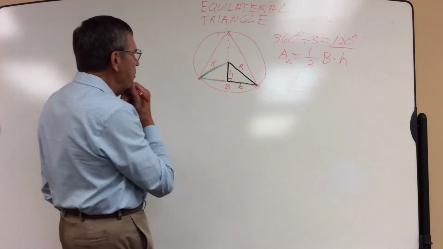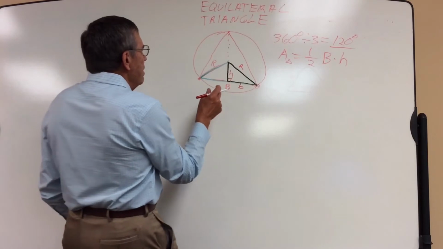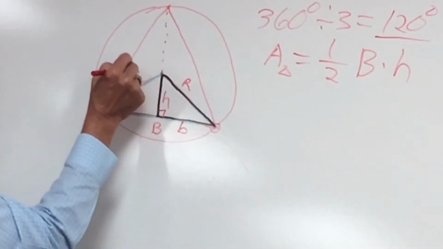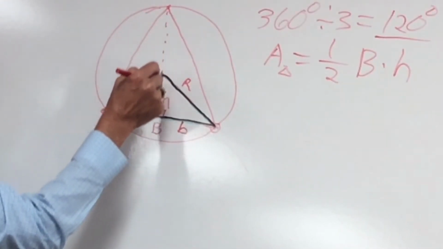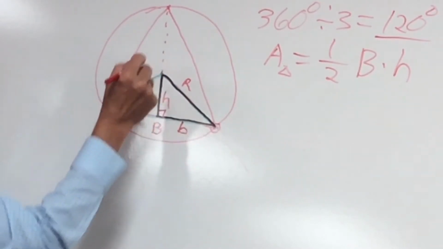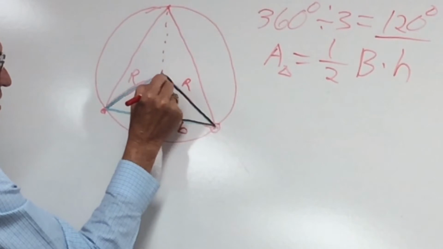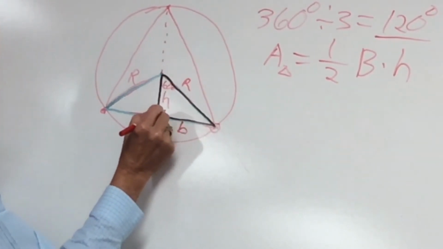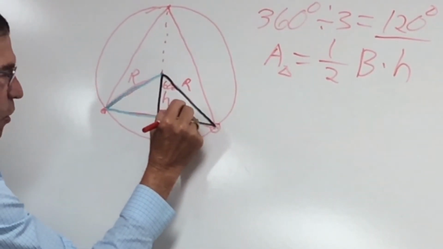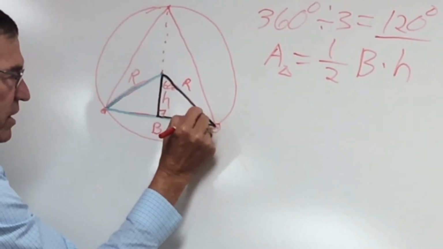All right, so let's see what we have here. The angle we said was 120 degrees. When I bisect that angle, 120 divided by 2 is 60 degrees. So that's 60 degrees, this is 90 degrees, therefore this has to be 30 degrees.